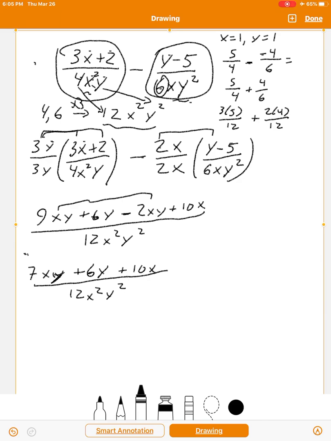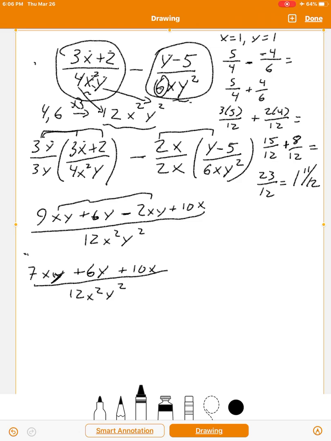So this would be 15 over 12 plus 8 over 12. Oh, plus, I'm sorry. I don't know how I got minus. Plus 8 over 12. So that's 23/12, which is 1 and 11/12.